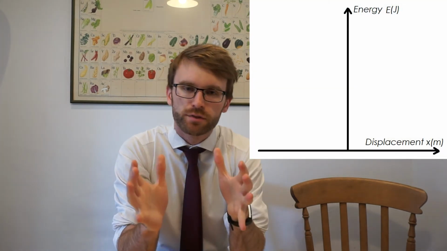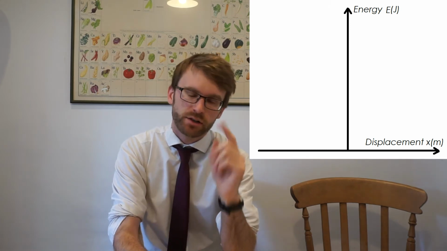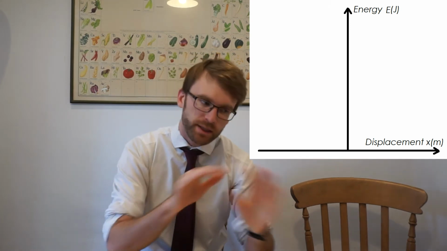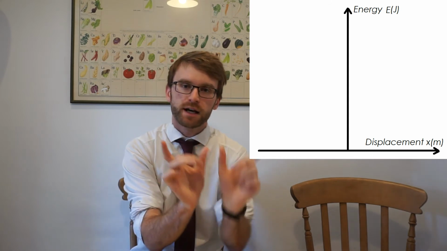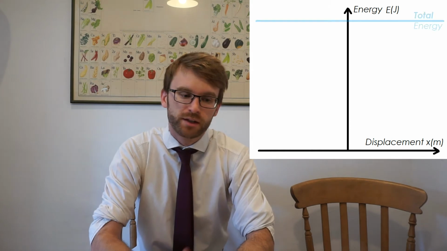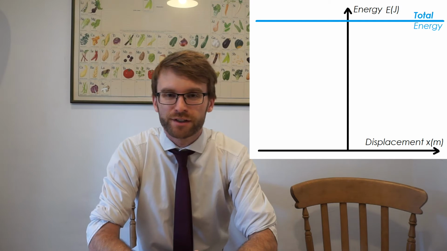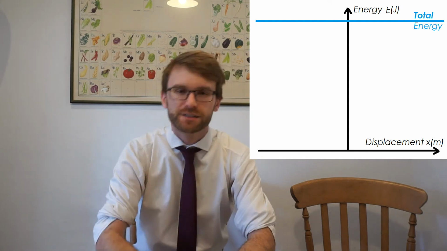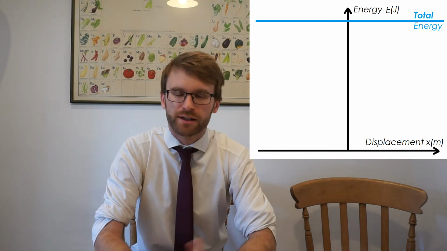So let's start off with putting that on a graph. Let's plot a graph of energy on the y-axis and displacement on the x-axis. Remember, displacement can be positive and negative either side of the equilibrium position. The total energy is constant. What does a constant look like on a graph like this? Well, it's just a flat line. So the total energy is a straight line.